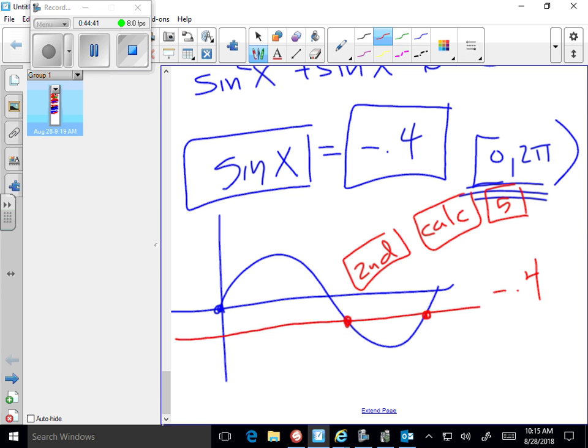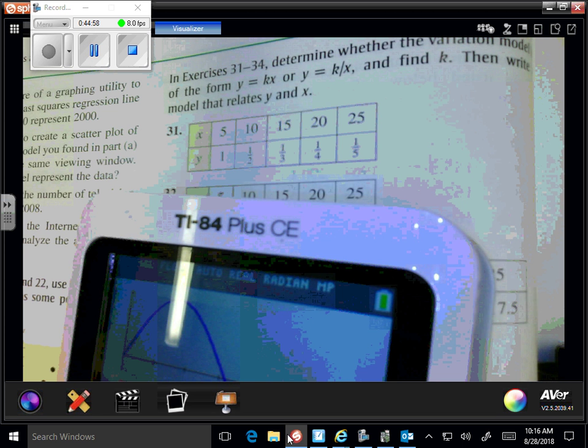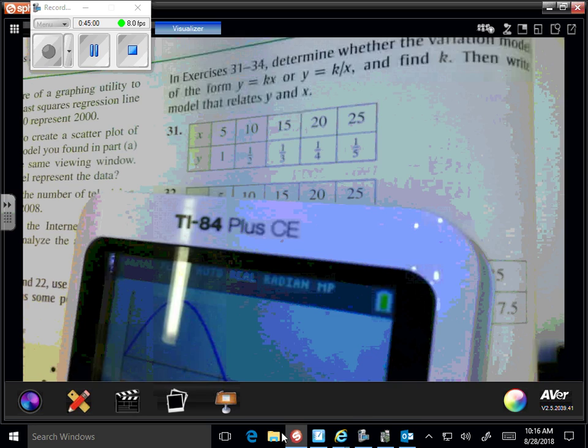Let me go back and look. I got 3.553. So sine x, negative 0.4, graph. Oh, you need to see the camera. So here are the two functions.